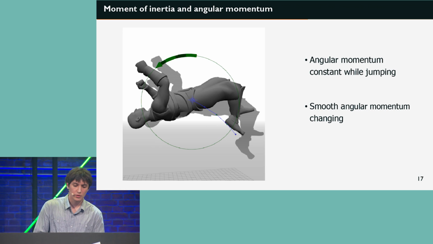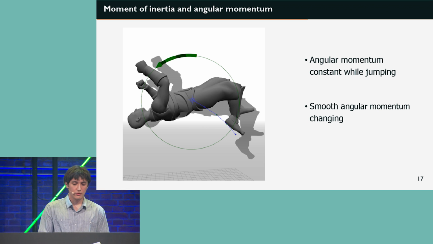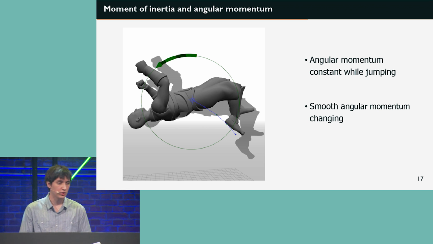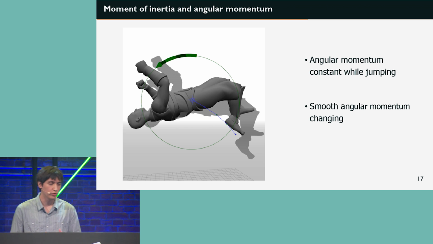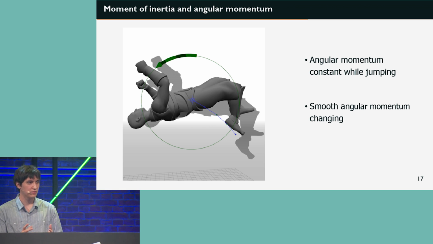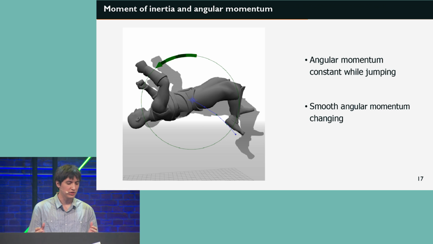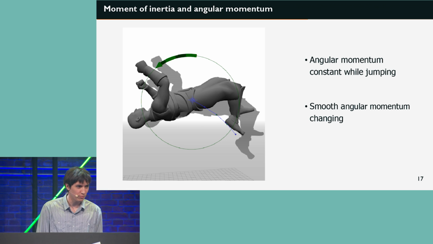Further, moment of inertia and angular momentum. Control of moment of inertia is used a lot in human movement. You might know that skaters use it when they do fast spins. They bring their hands close to their body.